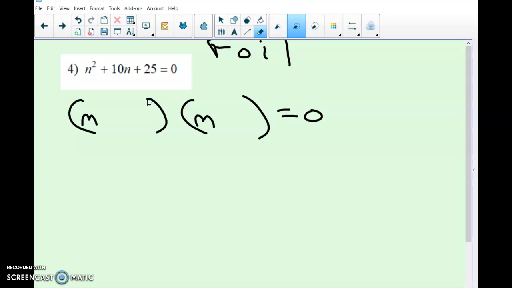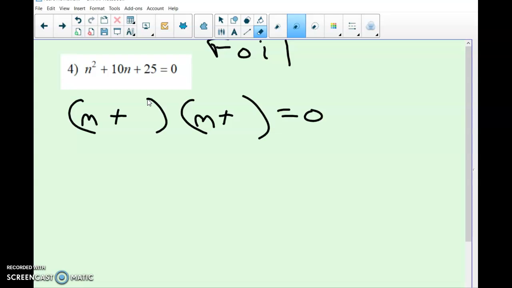When it's positive, it tells me that the signs are both positive in the factors. So right away, seeing that I have no numerical coefficient with that quadratic term, I can place my 2 positives down.